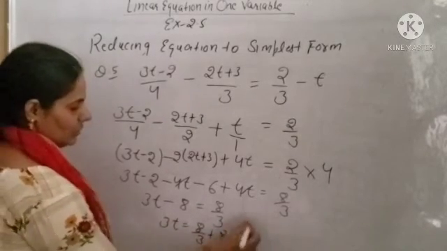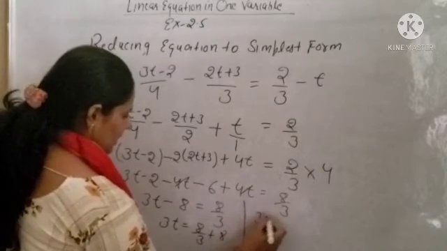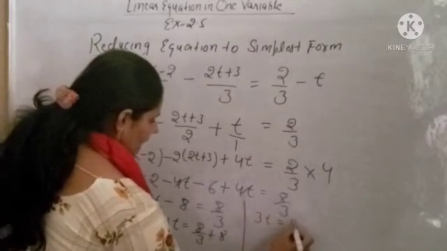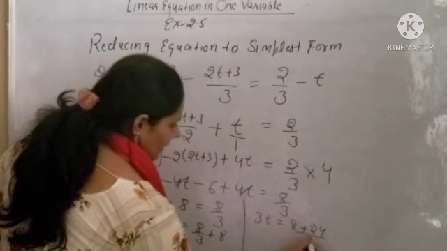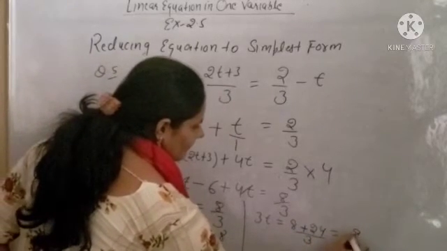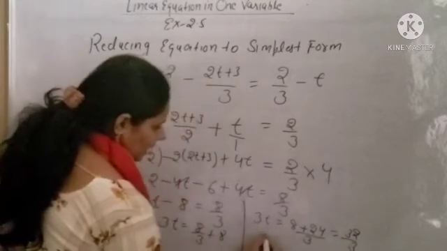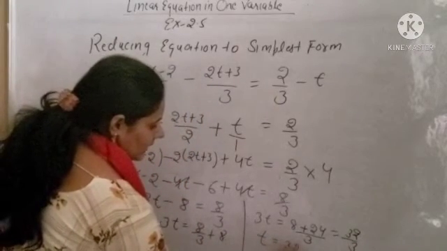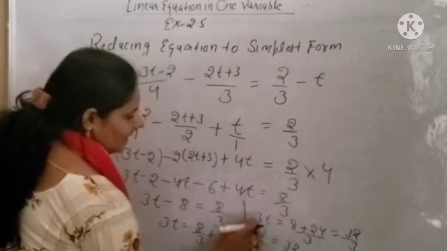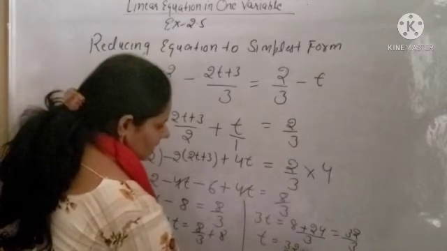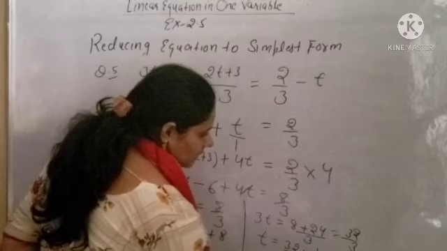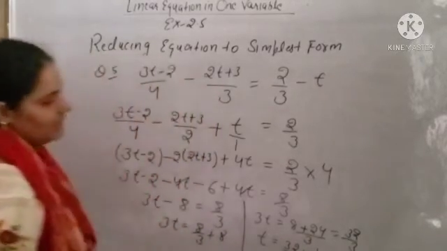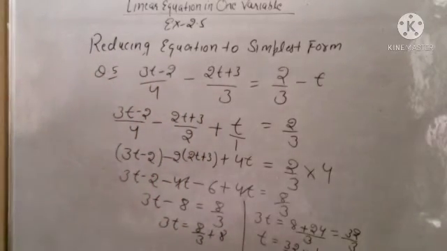Here also you will take the LCM. So 3t will be equal to 8 plus 3 eights are 24, divided by 3. So it will be 32 divided by 3. So what will be the value of t? 32 divided by 3. 3 is in multiplication, so it will come in division. So 1 by 3. So you can say 32 divided by 9. Clear? 32 divided by 9.